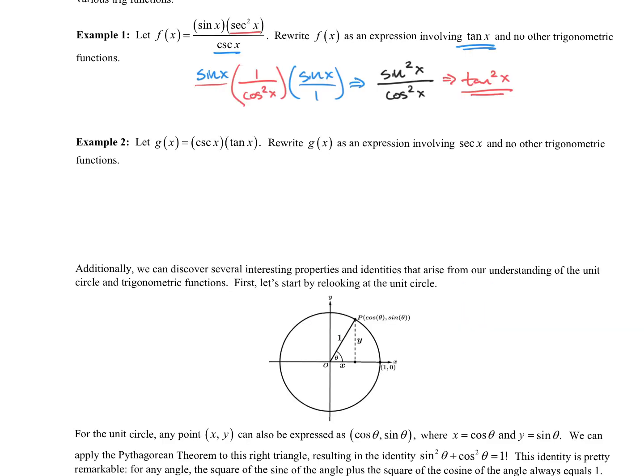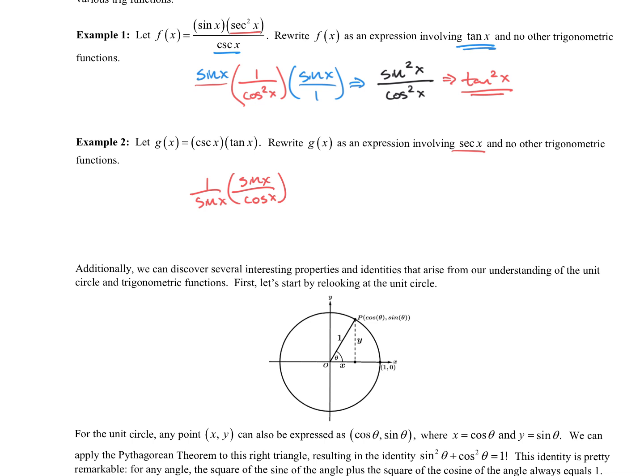Here we go. So we have cosecant and tangent. Now we're going to write this involving just secant and no other trig function. So let's do it. What's cosecant? 1 over sine. And then what's tangent? Sine over cosine. And so what do we notice will happen?